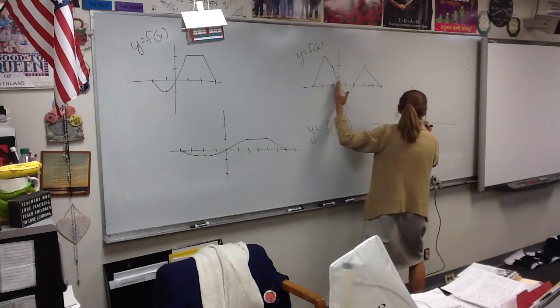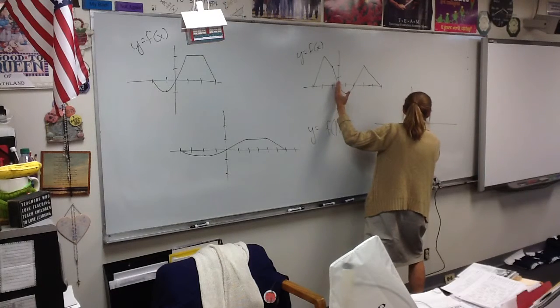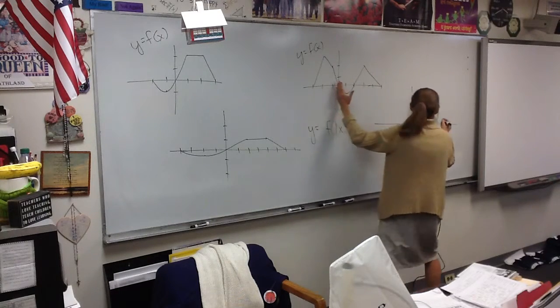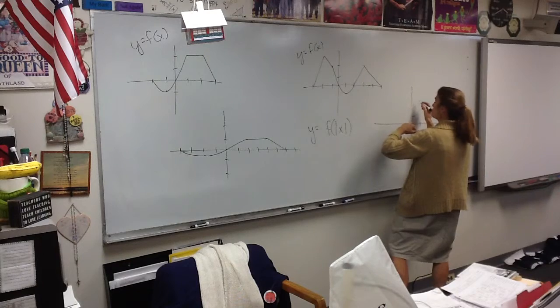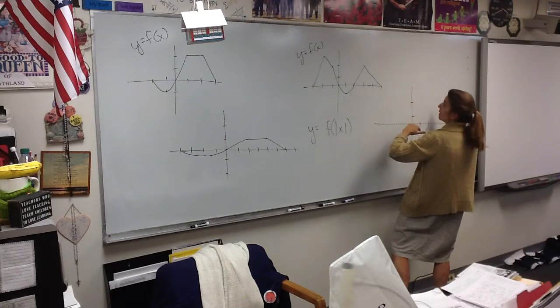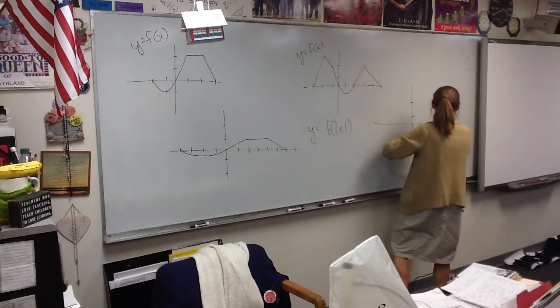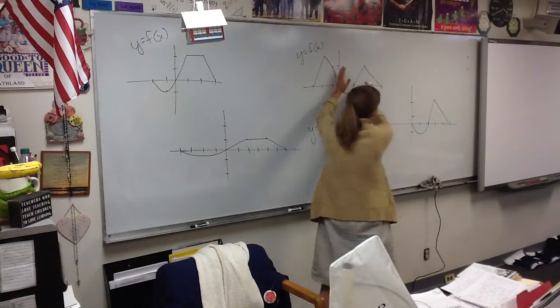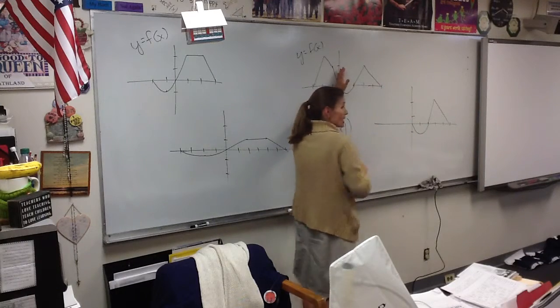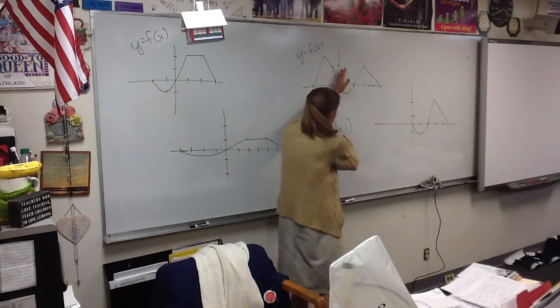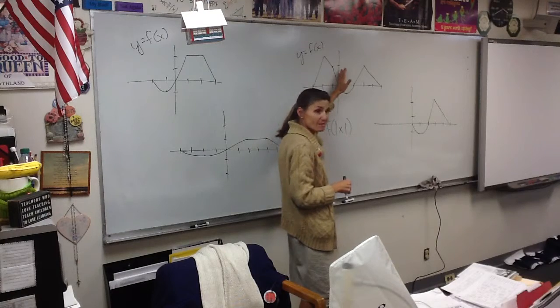These are the positive x's. Absolutely nothing is changing. So we're going to have the same picture that we had. So all this stays exactly the same. That didn't change because you're taking the absolute value of a positive number.